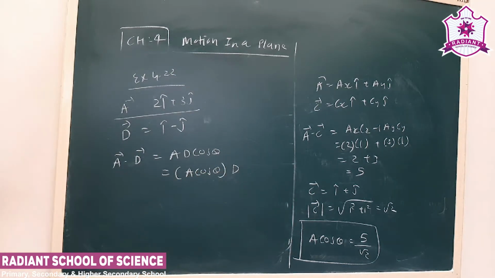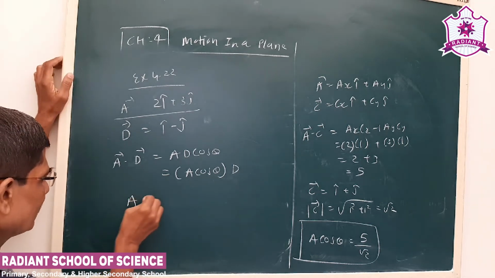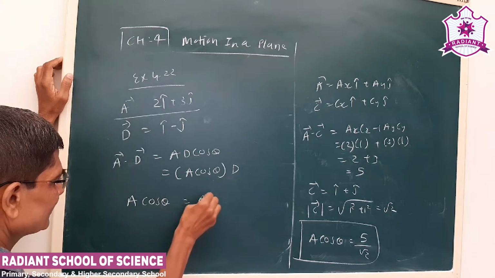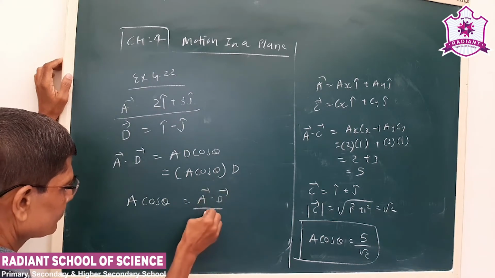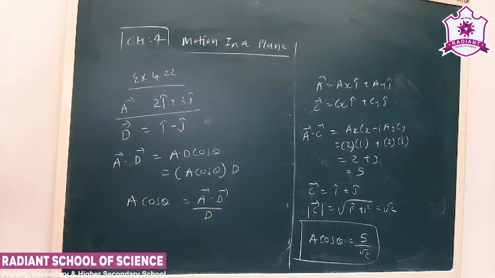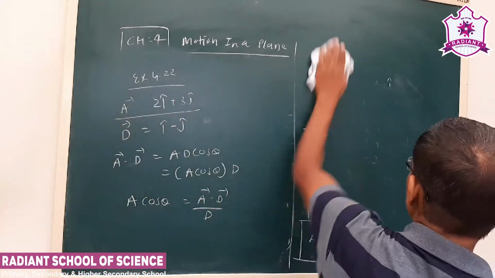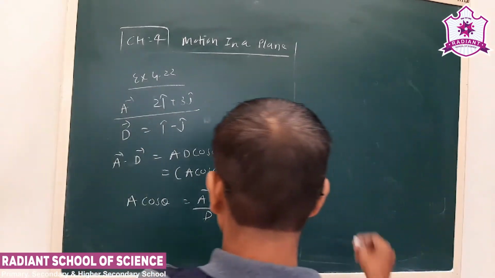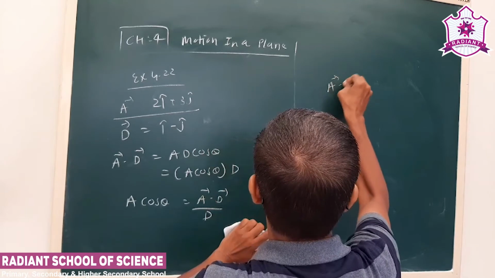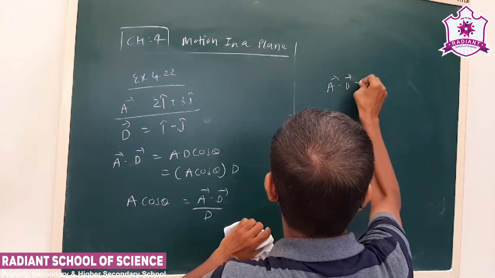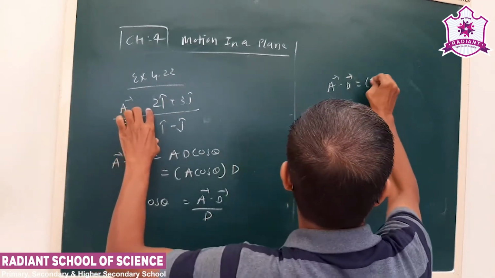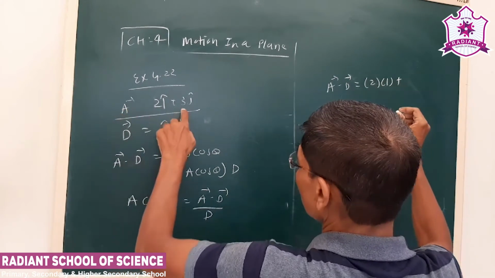A dot D is AD cos theta. Now we have to find A cos theta again, that is A dot D upon D. By the same reasoning, 2 into 1 plus 3 into minus 1.